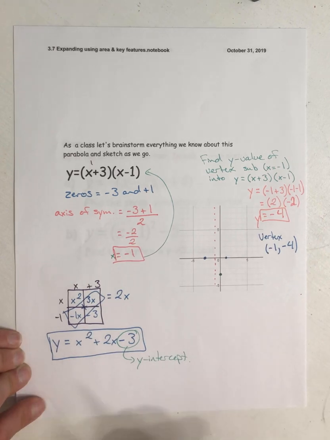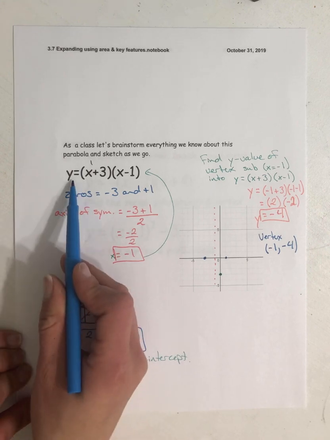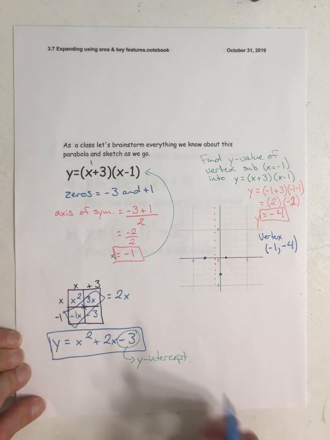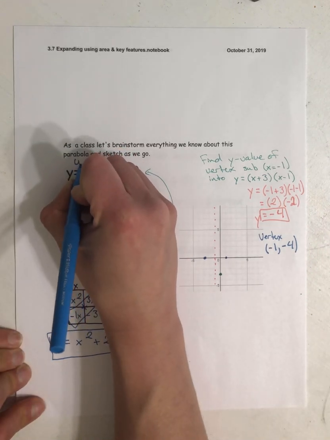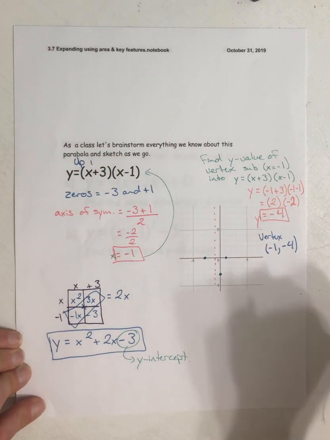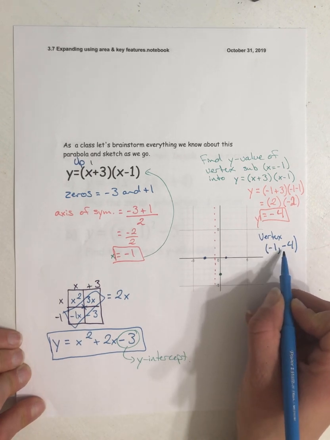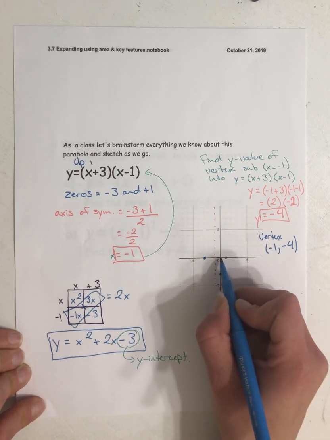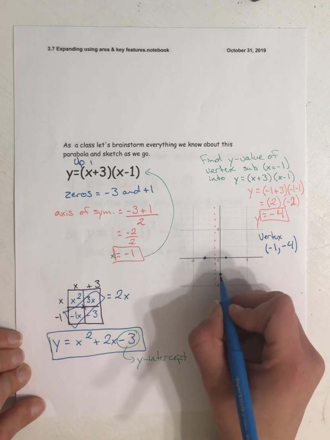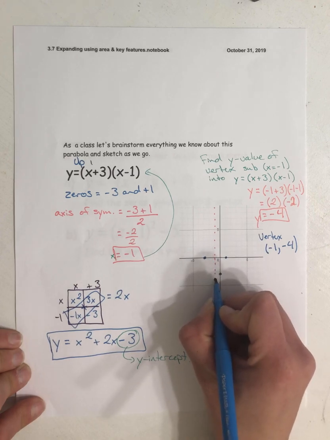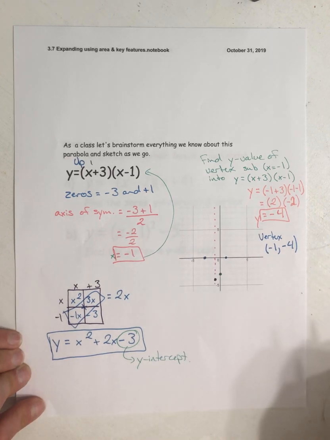Now remember, our vertex is either the highest or lowest point. Okay, so we already know when we look at this equation, it is positive, so we know that it's going to open up. So our vertex is going to be our lowest point on the graph. So if we go to -1 and then down to -4, we can plot our point.